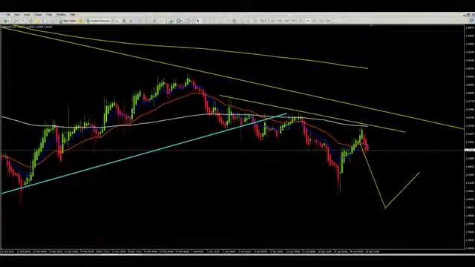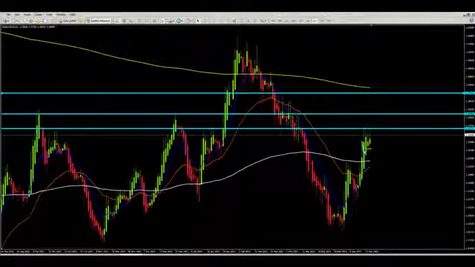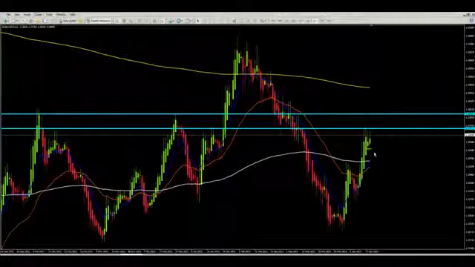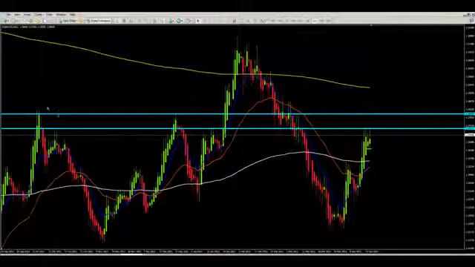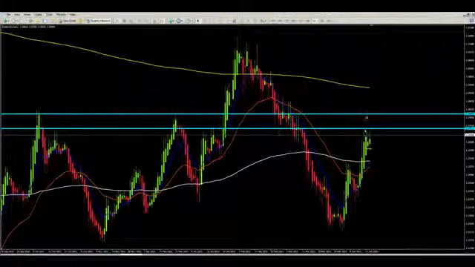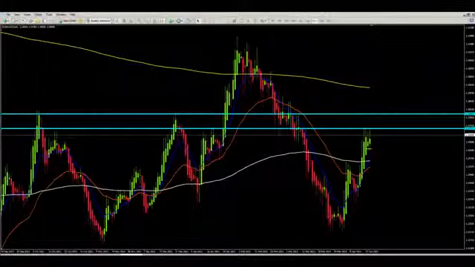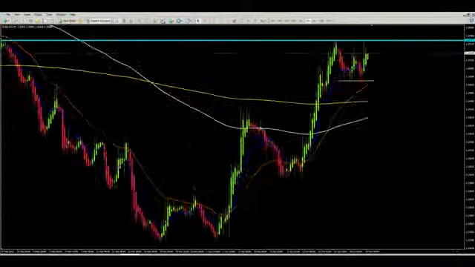Okay, the Euro Australian dollar still pushing up, and I have already the daily resistance lines ready, 1.27 and an extension 1.28. Still green candles on the daily chart.